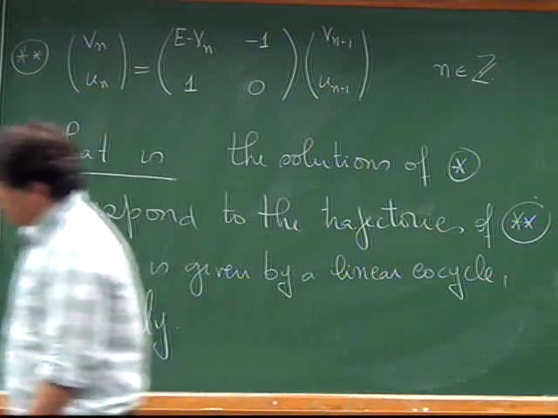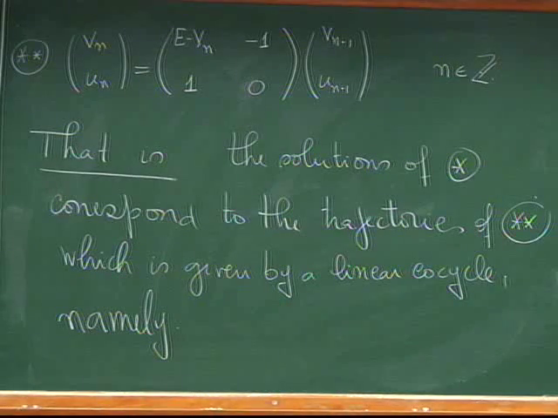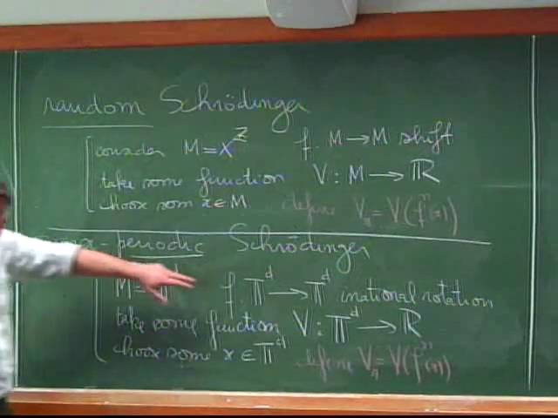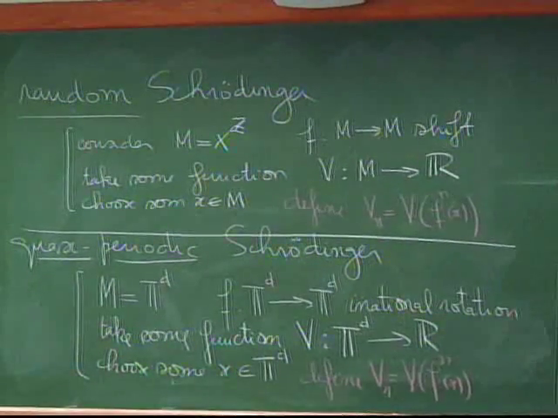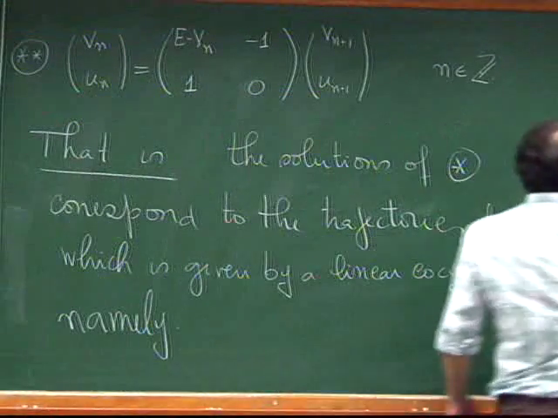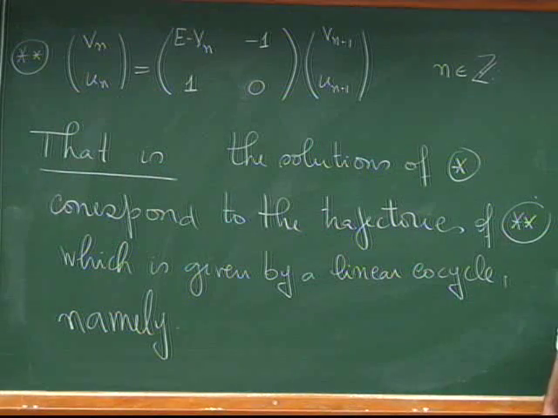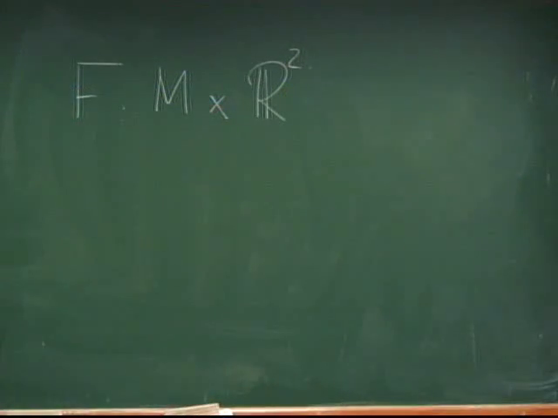so I'm going to look at the two cases that we are more interested in. So f will be either the shift or a rational rotation. So namely this following cocycle, F on M cross R2, R2 because my matrices are 2 by 2.